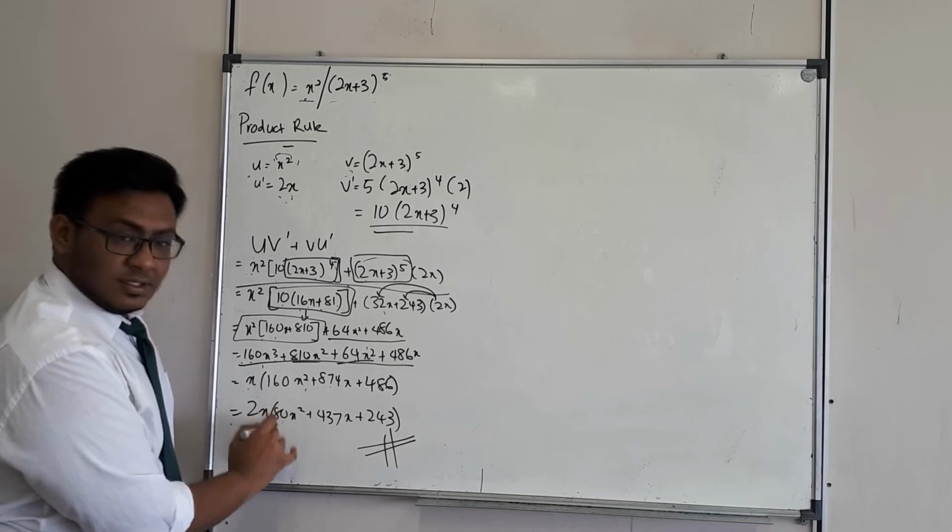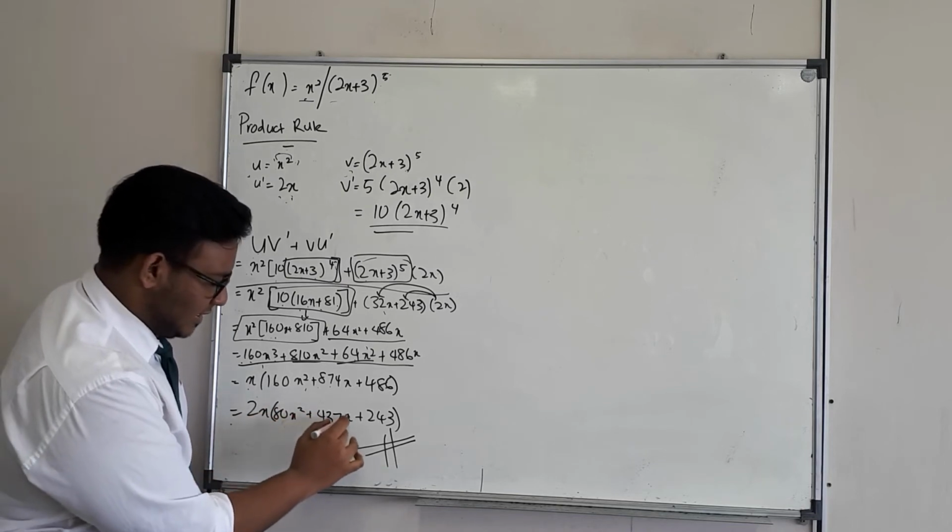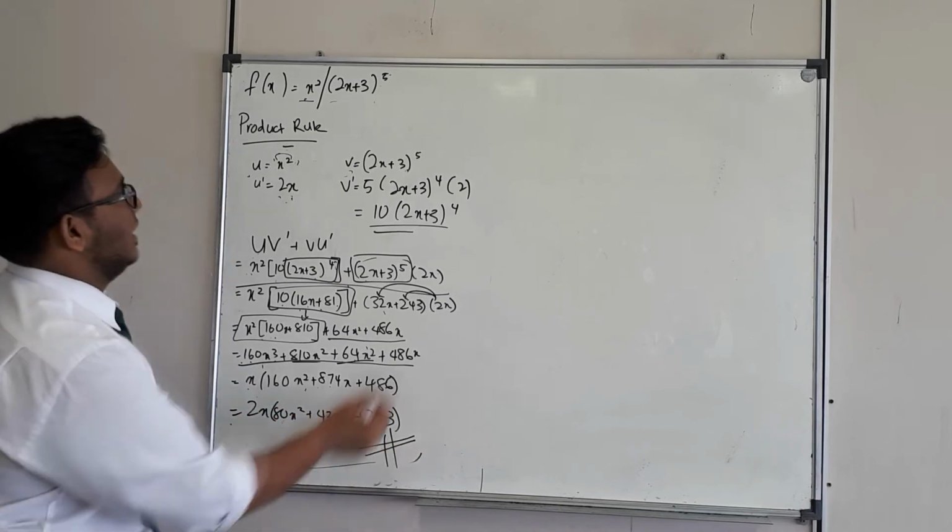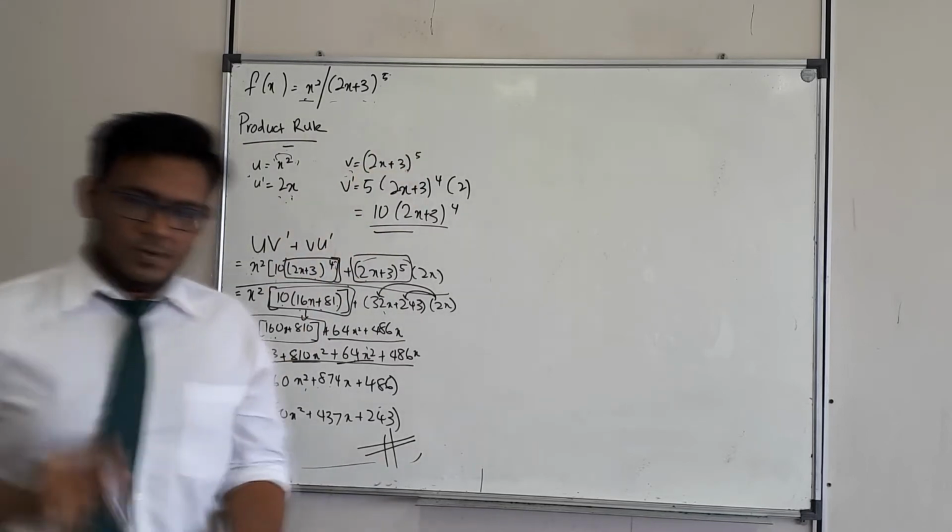You get 80x squared plus 437x plus 243. So this is the answer for this question. Hope you guys understand.